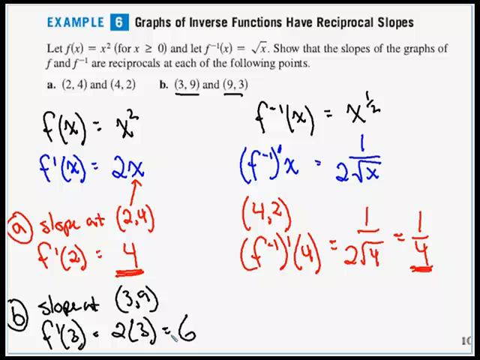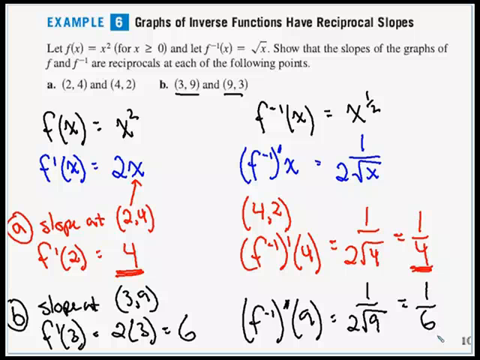Instead of 6/1, it will be 1/6. So f inverse prime of 9 is 1/2 times that square root of 9. And the square root of 9 is 3, times 2. 2 times 3 is 6. So we do get the 1/6 that we were expecting to get. There are the slopes, and they are, of course, reciprocals.